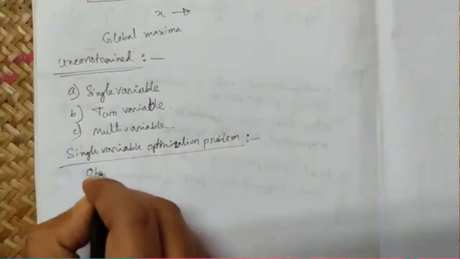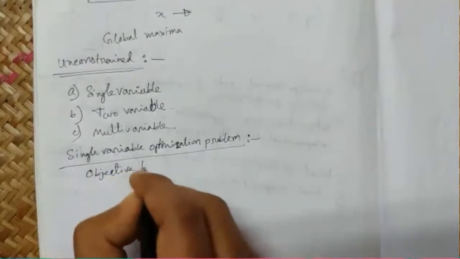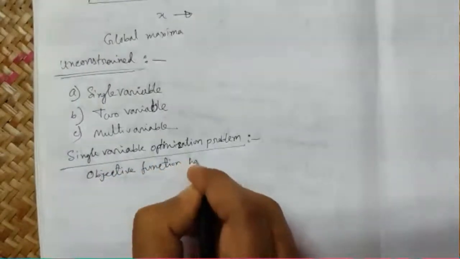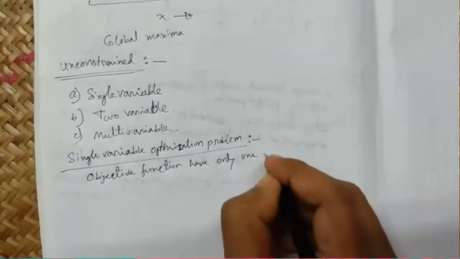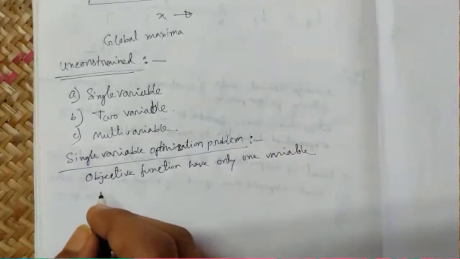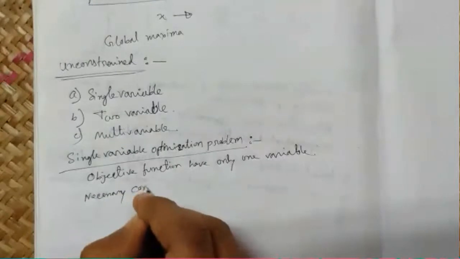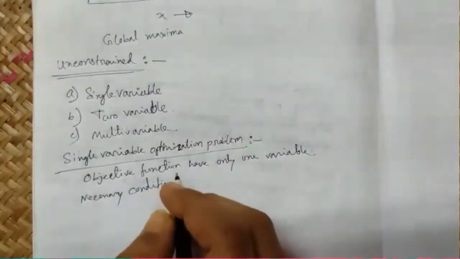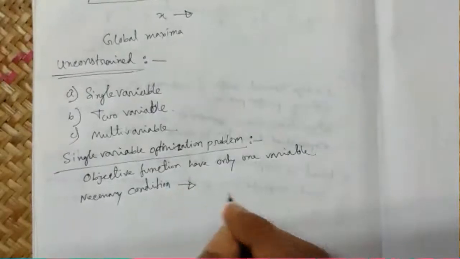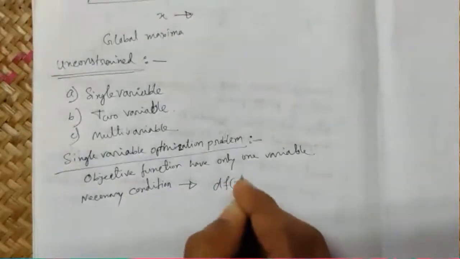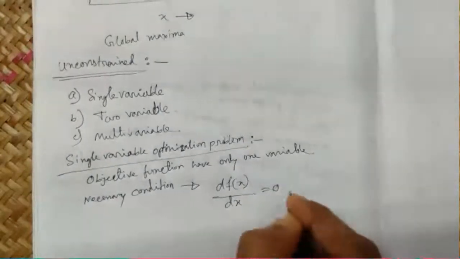In that objective function there is only one variable, and the necessary condition for this case is df(x)/dx is 0. Okay.